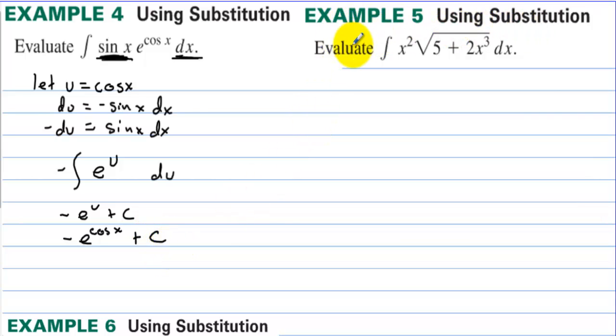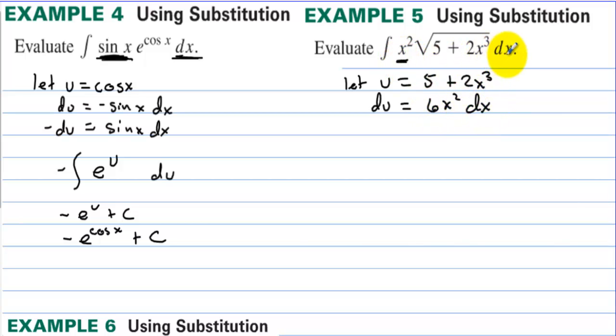Example 5, using substitution. We want to look for a function and its derivative, and we want to let u equal the function so that when we take the derivative, we have a multiple of the derivative. So we're going to let u equal 5 plus 2x to the third, because when we take the derivative, we get 6x squared dx.